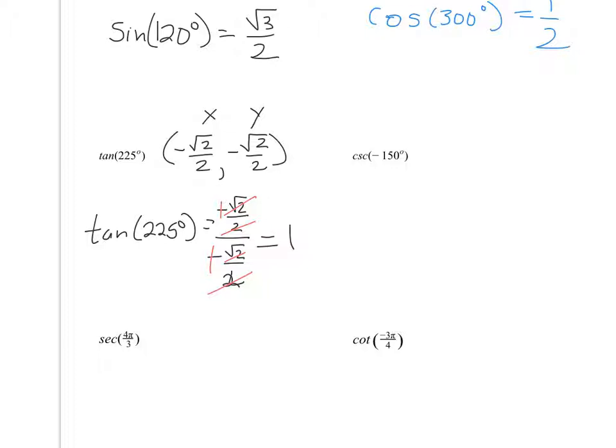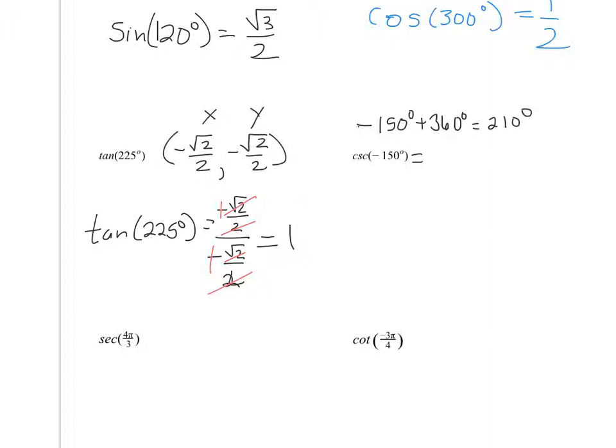Now here's an interesting one, cosecant of negative 150. Now negative 150 is not on our chart. So to get something that's on our chart, we can do a really simple process. All we have to do is basically add a full rotation. So if I add 360, I get 210.